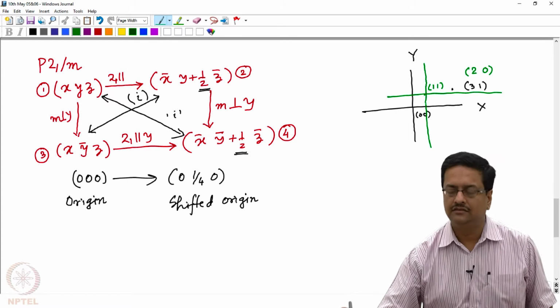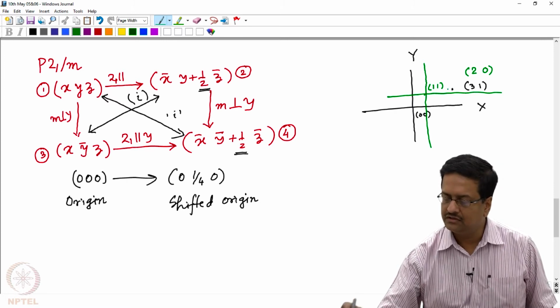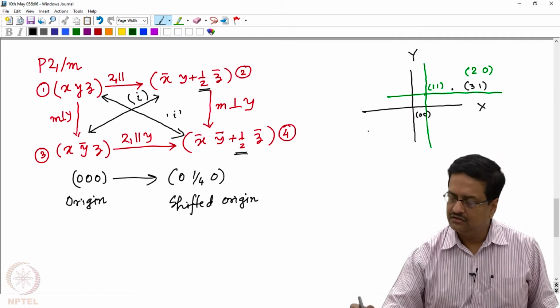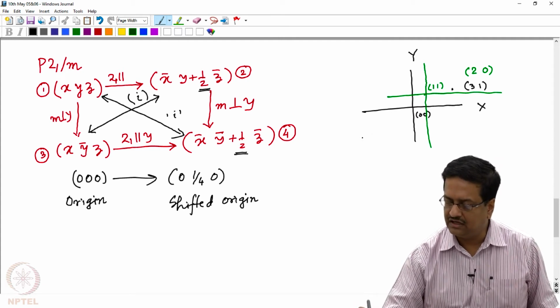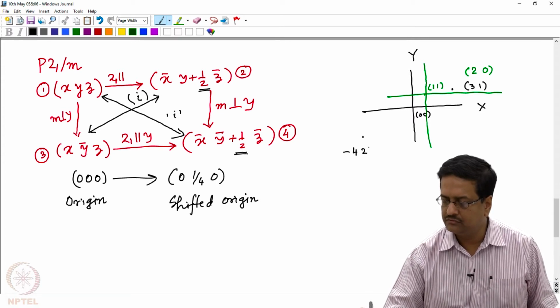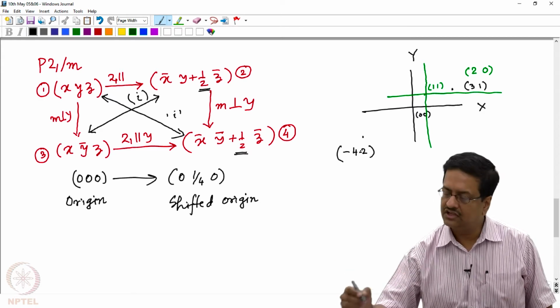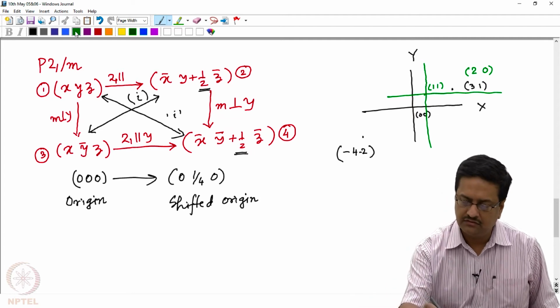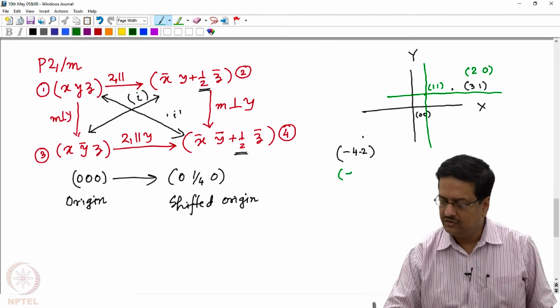On the other hand, if this particular point was on the negative side, suppose it was at minus 4, minus 2 with respect to the old origin, this point would then become minus 5, minus 3.